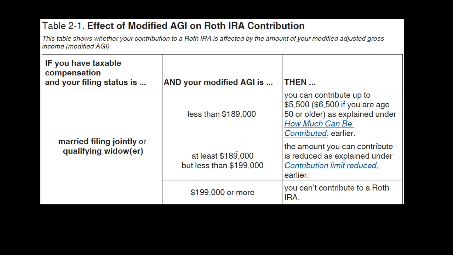So this is going to be a scenario where it's a bit more confusing because you can still contribute, but it's going to be reduced in some format. This is where you'd like to have some tax planning if possible, possibly have tax software to help with that calculation, although you can use the worksheet in order to figure it as well. But if you're in this range, you can typically still contribute.